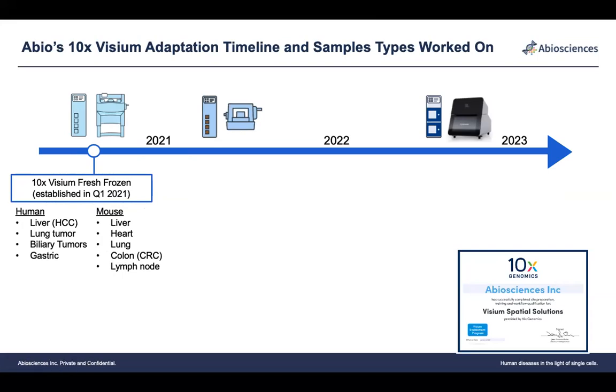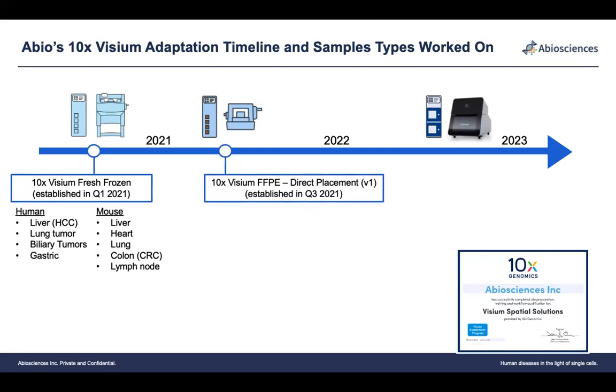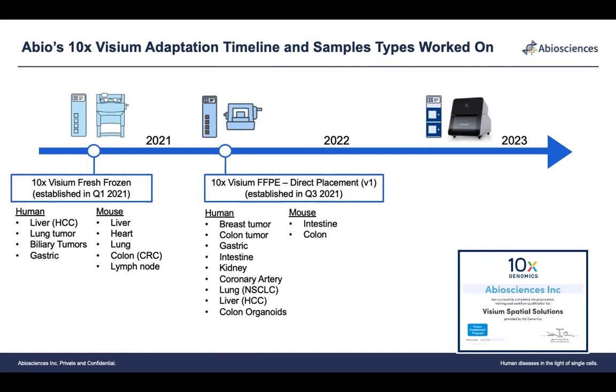And in the summertime of 2021, we quickly adapted the FFPE Visium. After that, we have done much more work using FFPE tissue, and as you can see, we have looked at many different types of tissue in human and mouse.